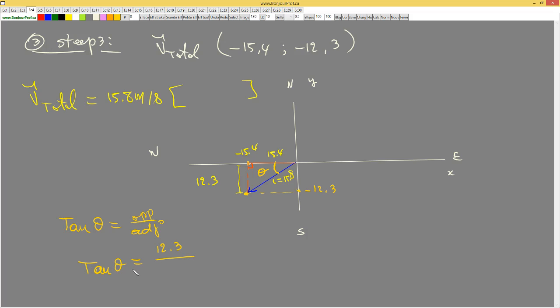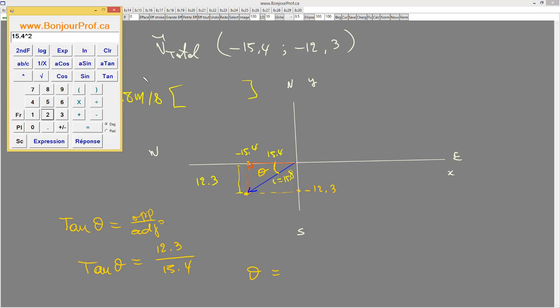Positive, always take only the positives, 15.4. And what will be the theta? 12.3 divided by 15.4.